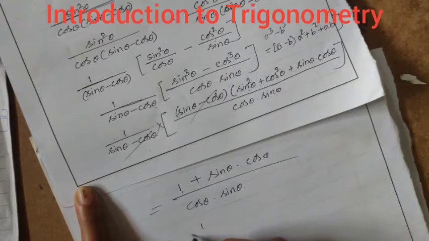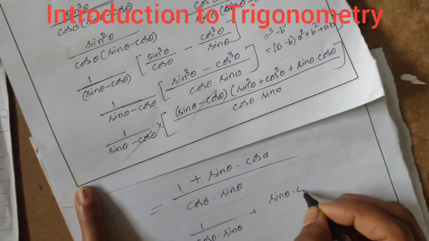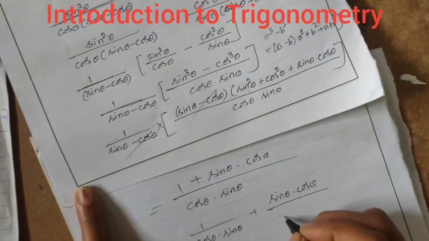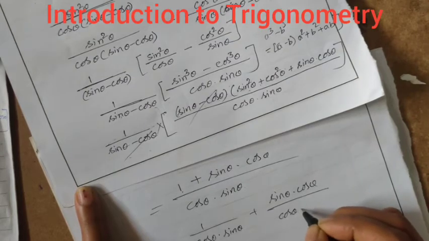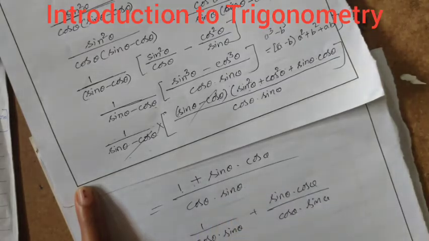That is 1 by cos theta into sin theta plus sin theta into cos theta divided by cos theta into sin theta. This becomes 1.